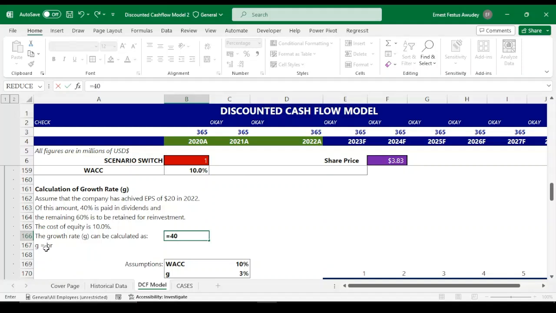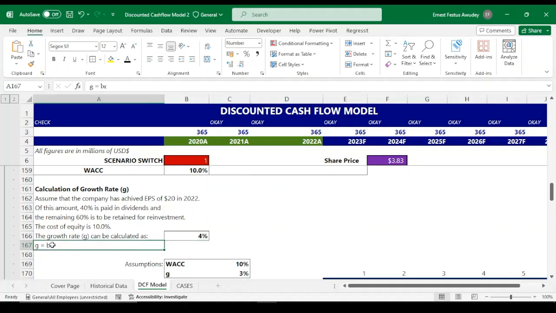I'm going to multiply that because it's BR, which is B times R. The R here is the cost of equity. So I'm going to select my cost of equity there, and then hit enter, and that will give me 4%. So actually, I can rewrite this as RE right there, or B times RE.